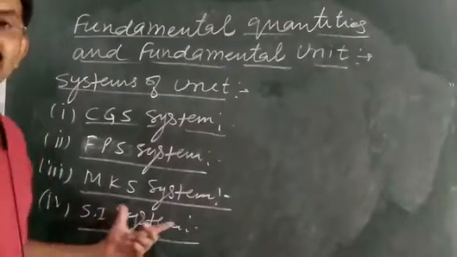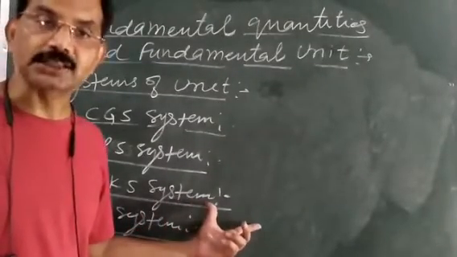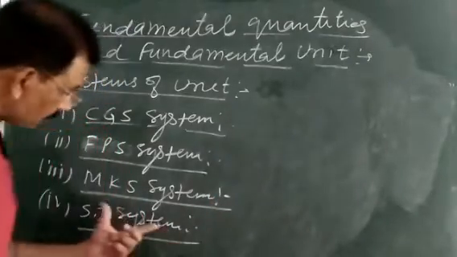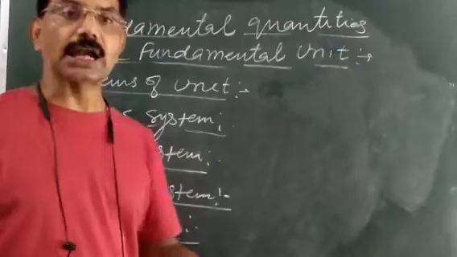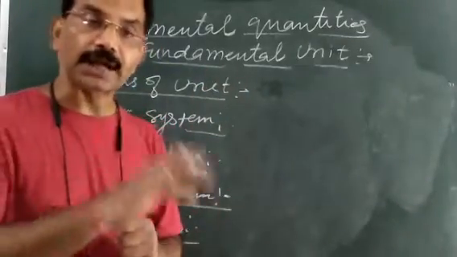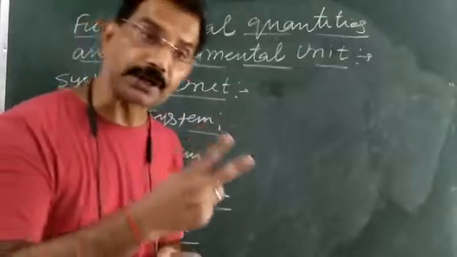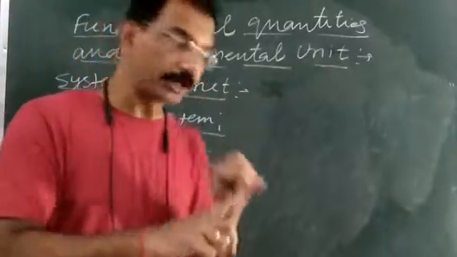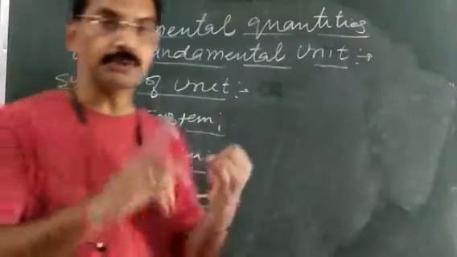And I hope all of you know the SI system is also called the System International. This system was internationally accepted in 1960. In this SI system, there are 7 fundamental quantities besides 2 supplementary quantities. What are the fundamental quantities involved in the SI system?